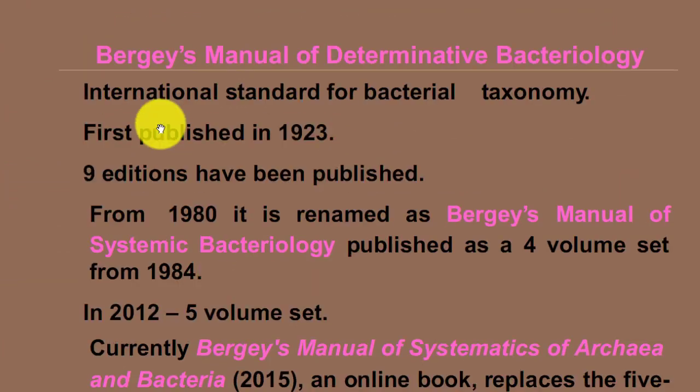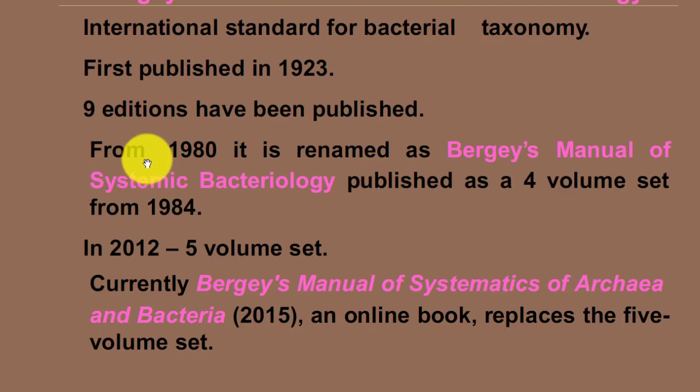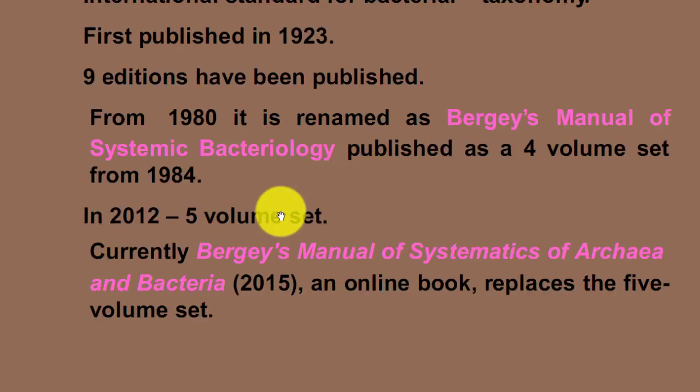Bergey's Manual of Determinative Bacteriology, the international standard for bacterial taxonomy, was first published in 1923. Nine editions have been published up to 1980. It was renamed Bergey's Manual of Systematic Bacteriology, published as 4 volumes from 1984 to 2012, then a 5 volume set.